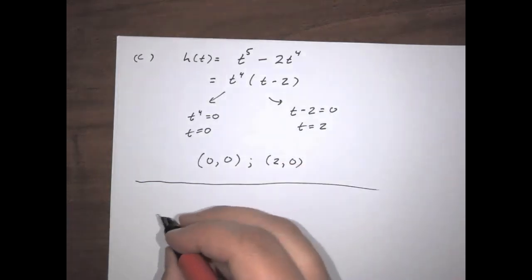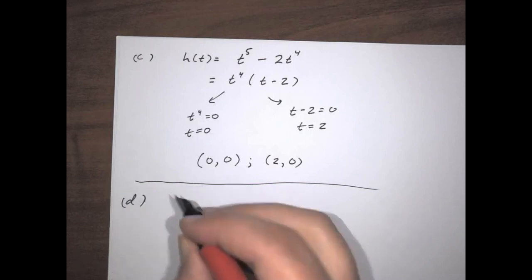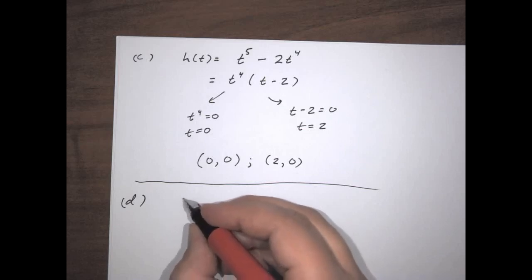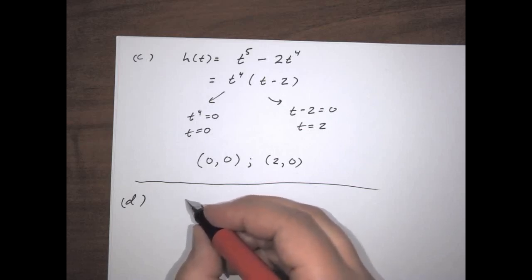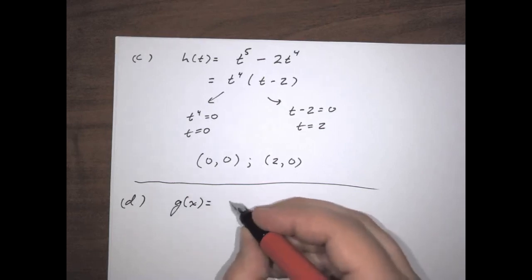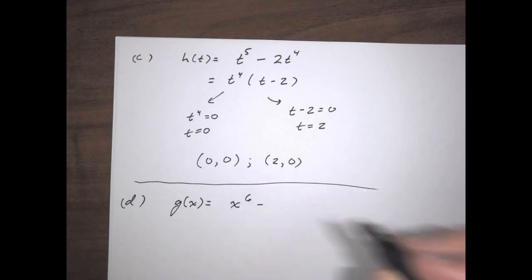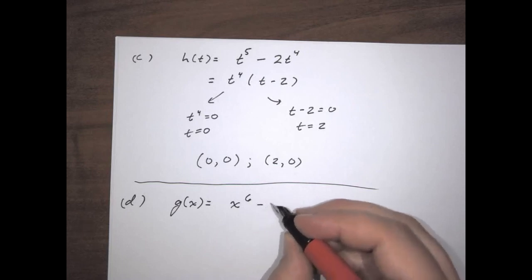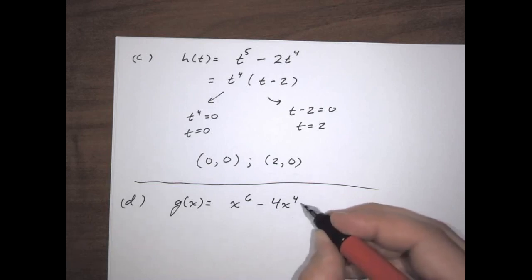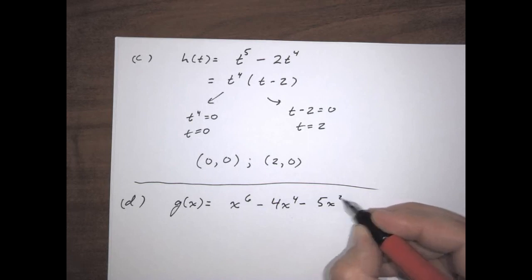So let's say we have something like g of x is equal to x to the 6th minus 4x to the 4th minus 5x squared.